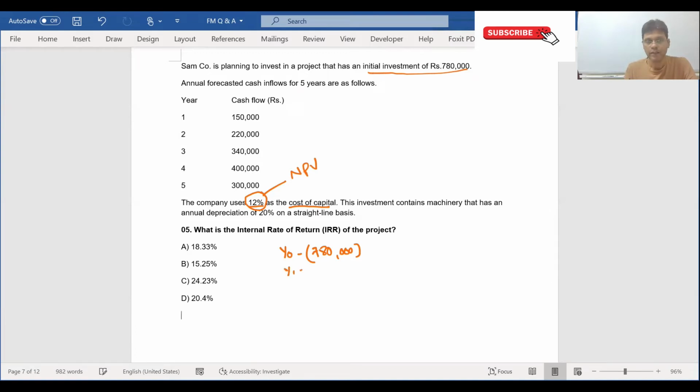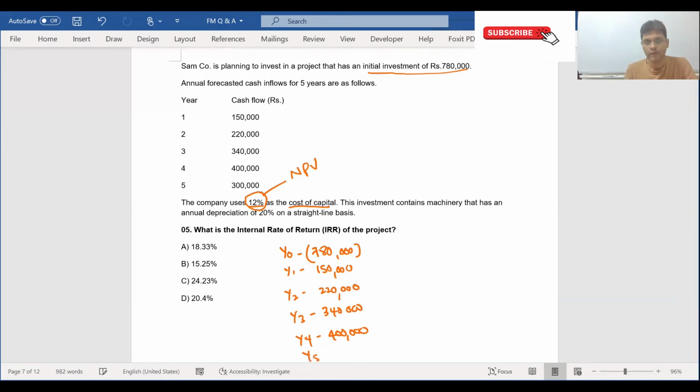Year 1 there's a cash flow of 150,000. Year 2 cash flow will be 220,000. Year 3, 340,000. Year 4, 400,000.